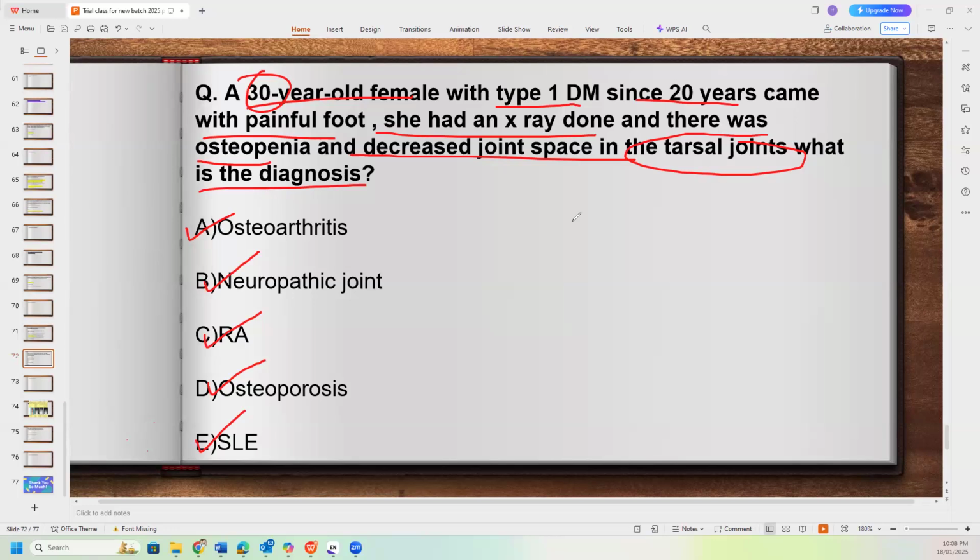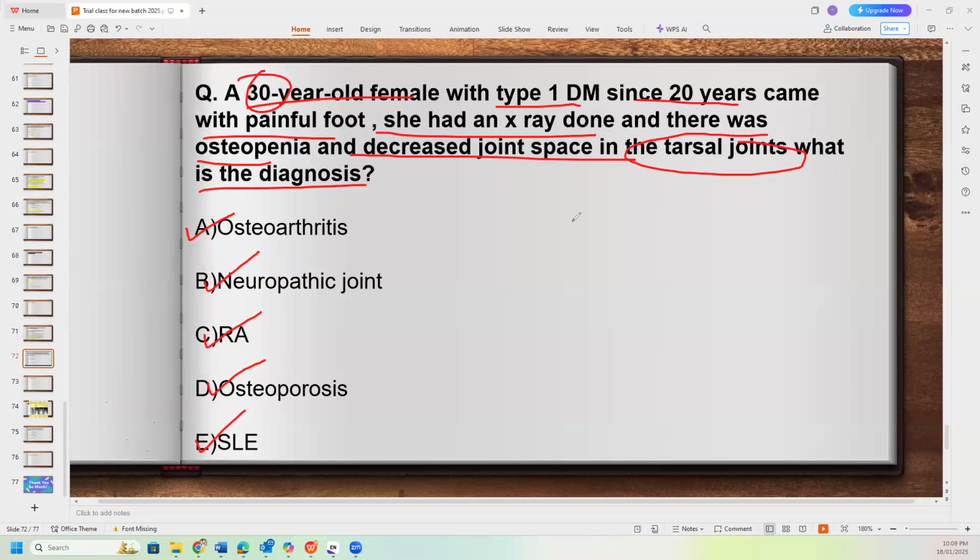All right, so there is soft tissue swelling, erosion, joint space narrowing, and subluxations. So osteopenia is less likely to be present, but can present in rheumatoid arthritis. Most likely to be present are erosion of the joints, joint space narrowing and subluxation, which is not present in this.